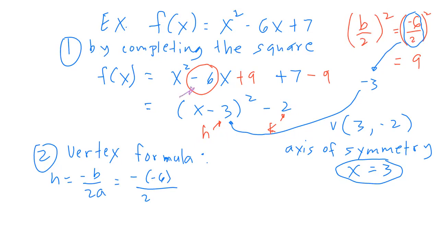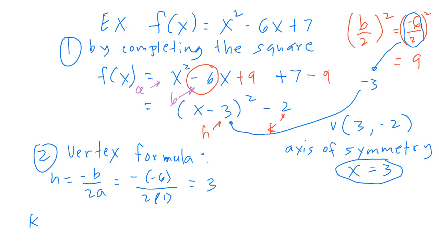This is our b. Our a is 1. So a is 1 here. So the answer would be 6, because that's a negative times a -6. It's a 6 divided by 2 times 1, which is 2. So that would be a 3 for h.